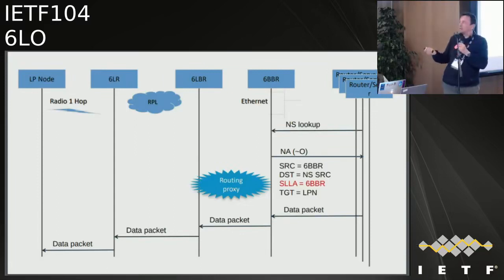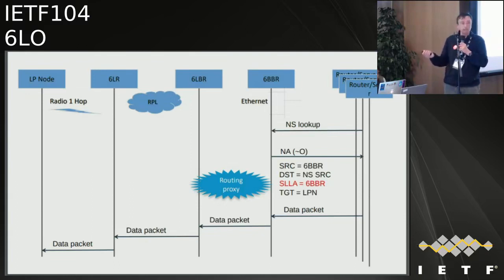But for now, without the fourth draft, the NS lookup is actually a broadcast. The broadcast is intercepted by the 6BBR, which splits the broadcast domain between the Ethernet and the Wi-Fi, or here a RPL mesh. And because there is a registration for that address, the 6BBR will respond to the NS lookup.